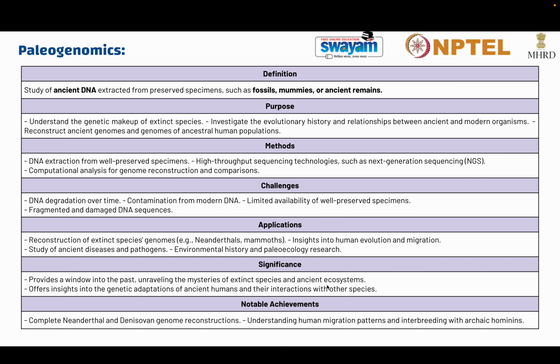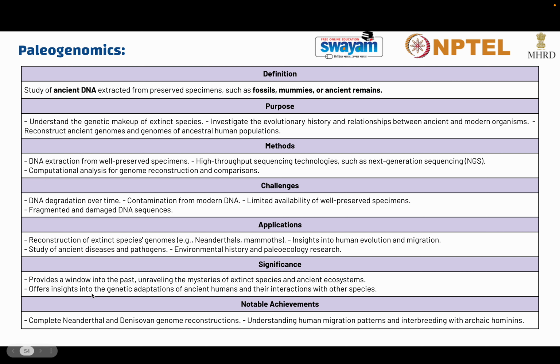It will also give you ideas. For example, when scientists studied the fossils of dinosaurs, they were able to date them, to know at what time those dinosaurs were present, how they got extinct, and what the reasons were. All those things are only possible because we are studying the fossils, understanding them, and performing paleogenomics on them.